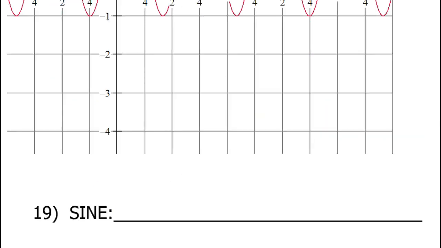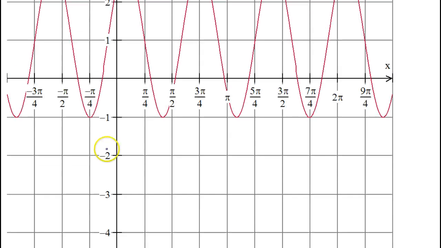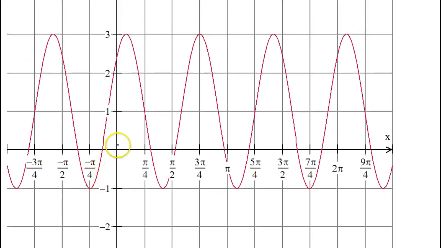Alright, for number 19, they want us to do a sine function. I want to believe that should be relatively easy. So y is equal to sine. Now let's see what we've got. Let's start with the midline.